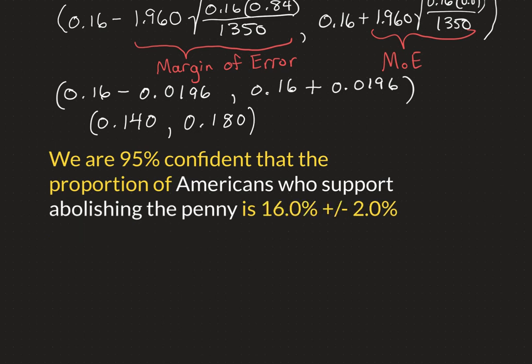Or we could say that we are 95% confident, etc., is 16.0% plus or minus 2.0%. Any one of those three ways to state the confidence interval are fine. We stated the confidence level and the interval in some fashion.